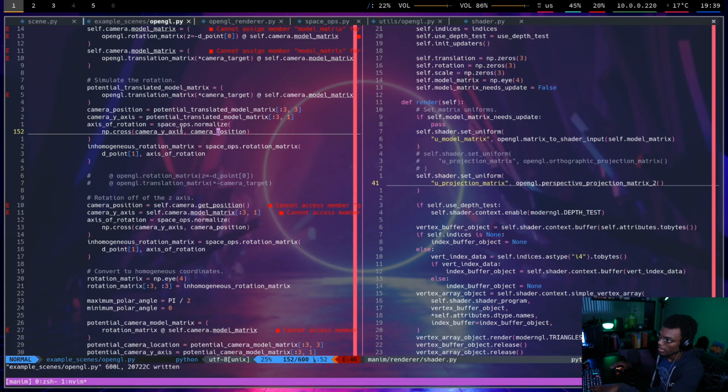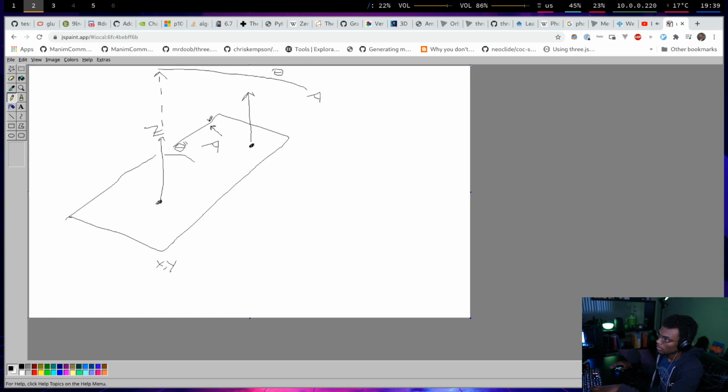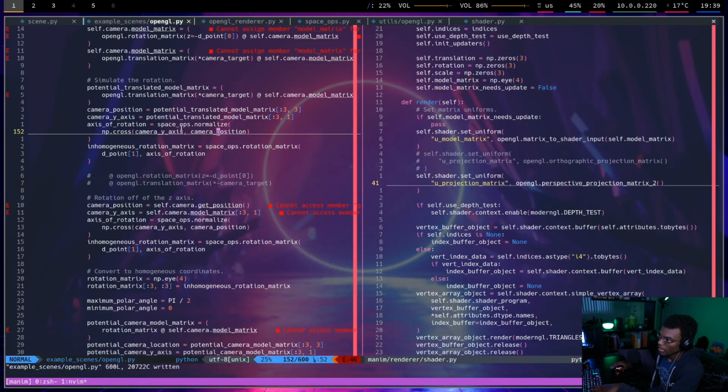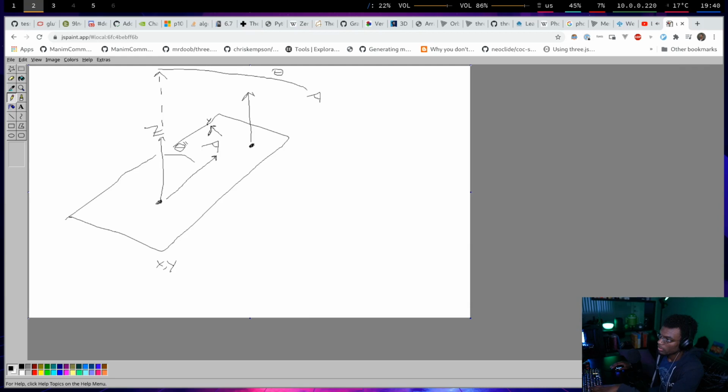Y-axis cross position. And so that gets a vector pointing in the plane, in the XY plane.